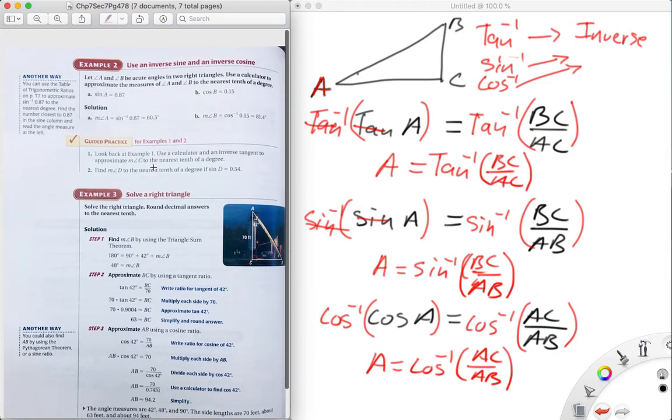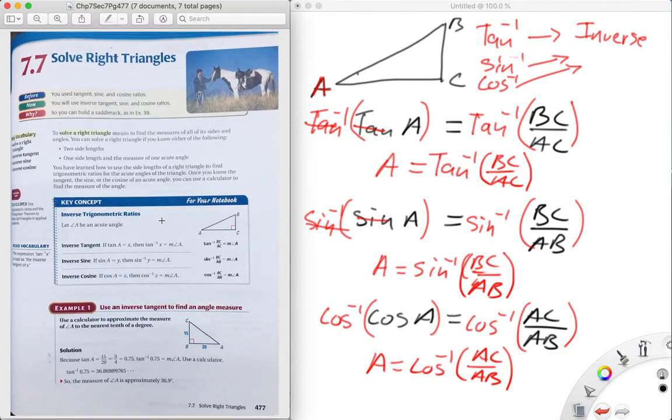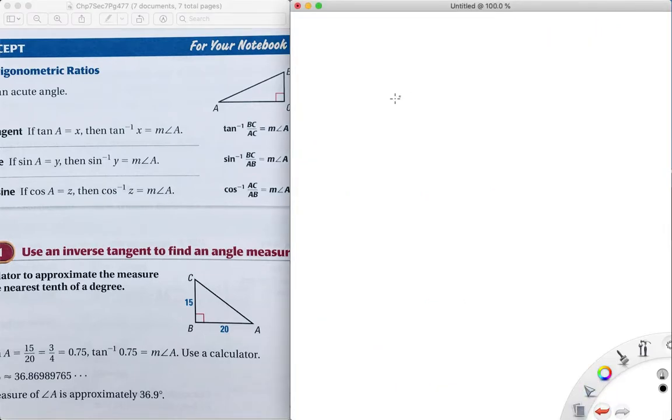Alright, they want us to find, back in example 1, angle C. Here is C. We have opposite and adjacent, so we can say that the tangent of C is equal to opposite over adjacent, which is 20 over, I'm sorry, not 5, 15, which is 4/3.